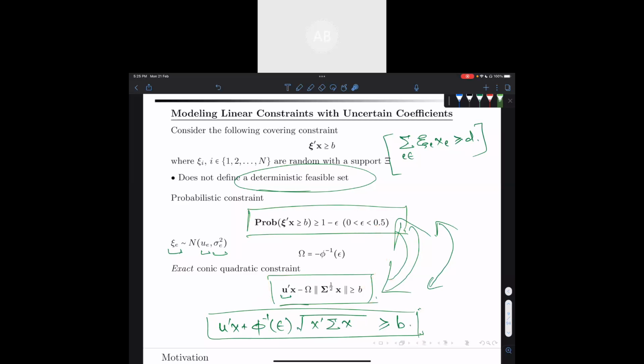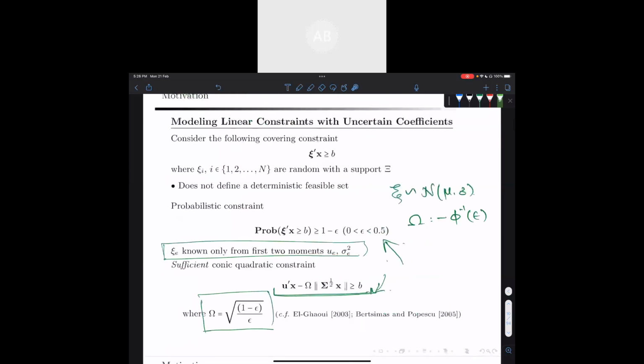It's very easy to see that if the realizations were distributed normally, or were sampled from a Gaussian distribution, then you can write this probabilistic constraint as the second order cone constraint. Not hard to see.